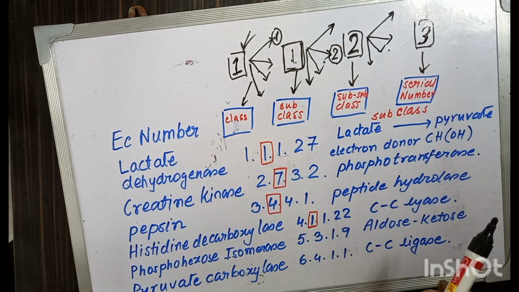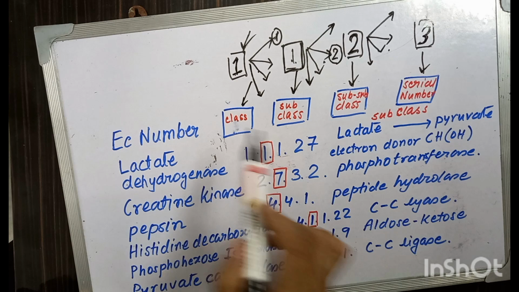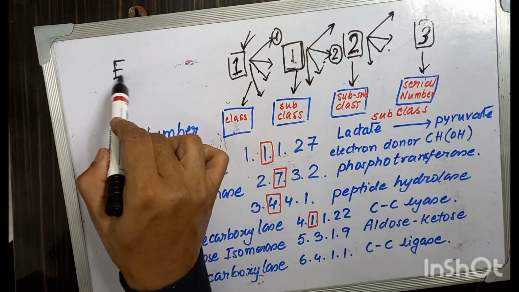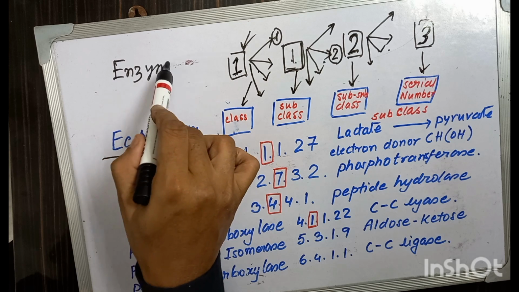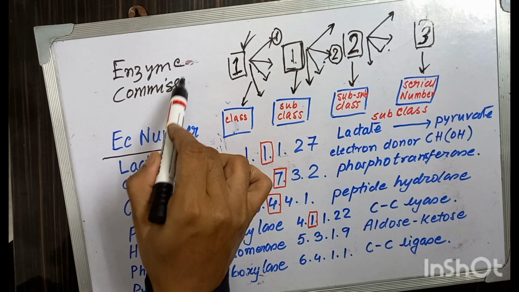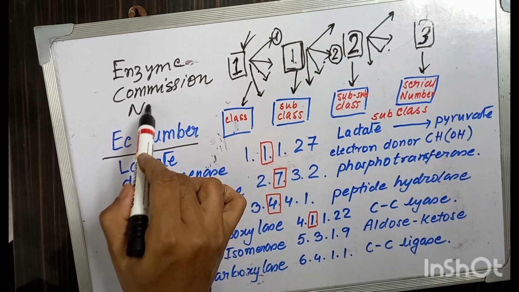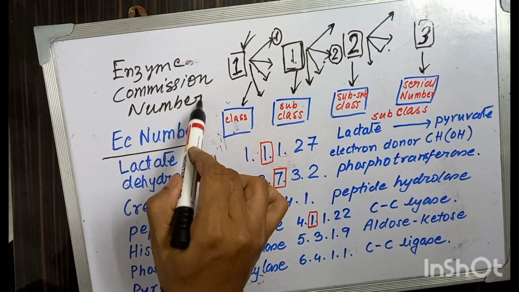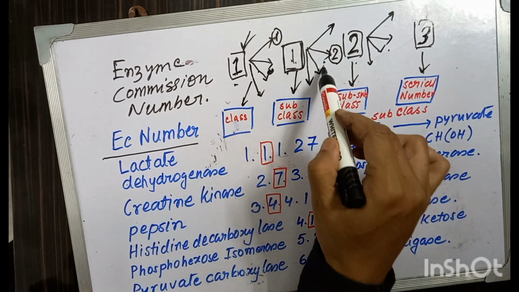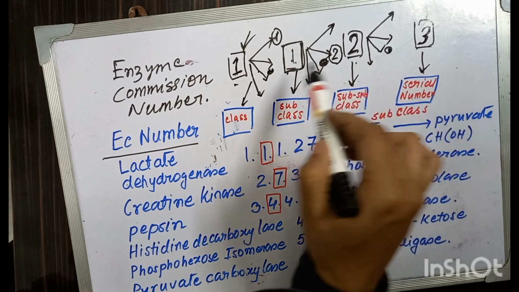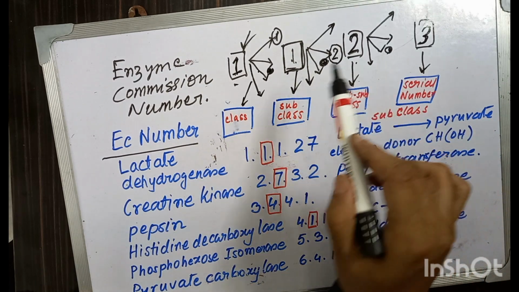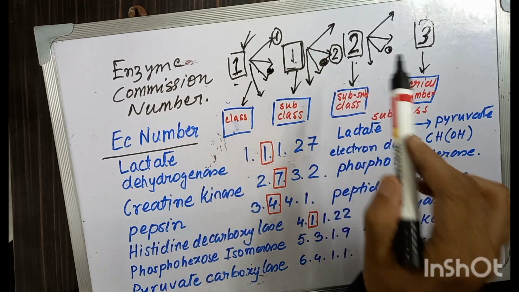So the enzyme commission number, or the EC number, has 4 numbers with dots between them, for example 1.1.2.3.